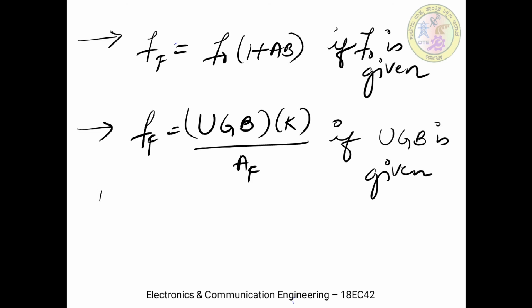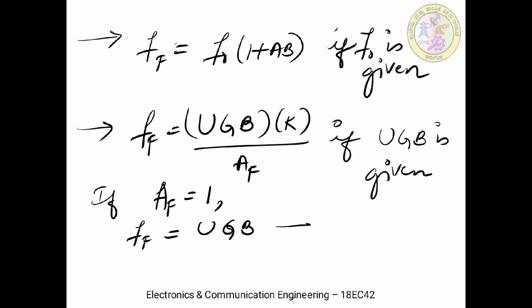Now if the closed loop gain AF is equal to 1, then FF is equal to UGB in case of non-inverting amplifier.